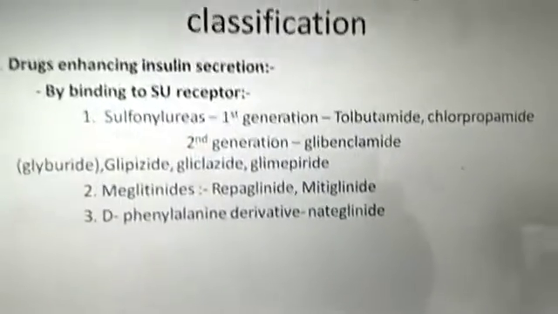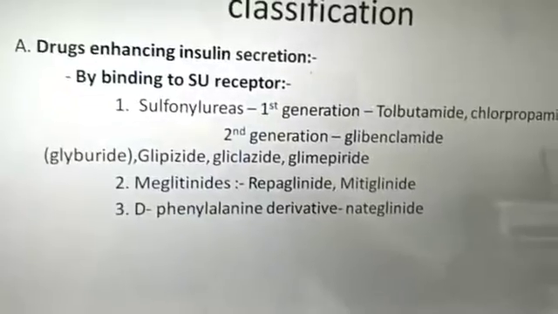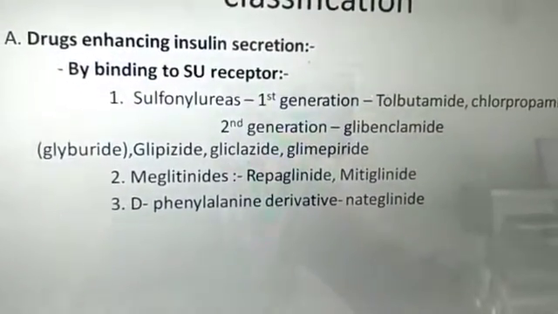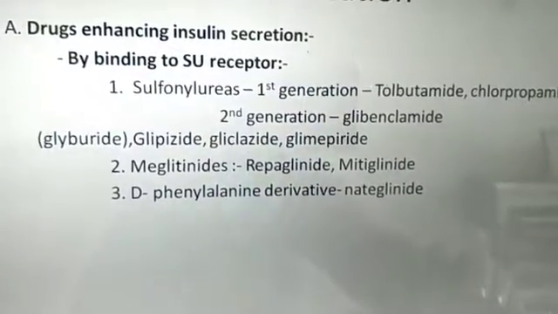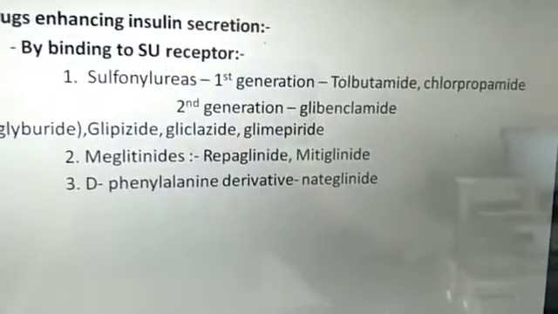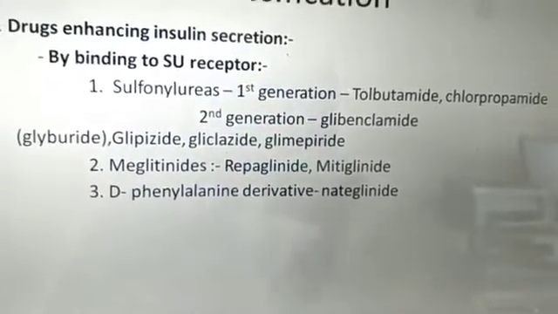They are used only in type 2 because some of the beta cells are functioning and we can enhance their working by giving the drugs. So drugs can enhance insulin secretion by binding to the sulfonylurea receptors. Those drugs are, first group is sulfonylureas.